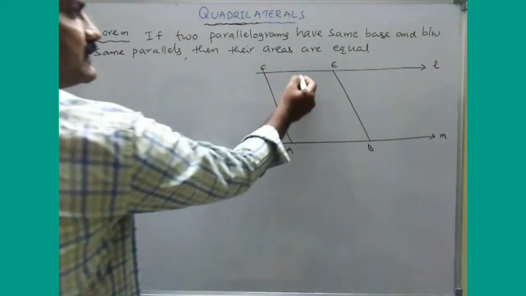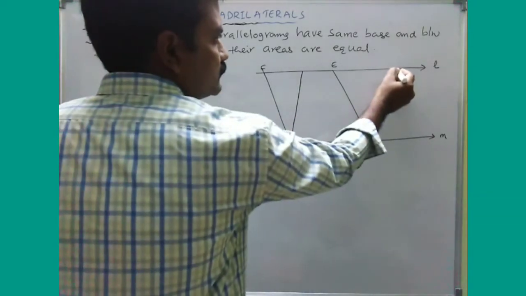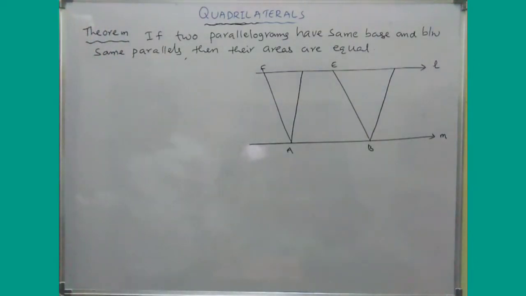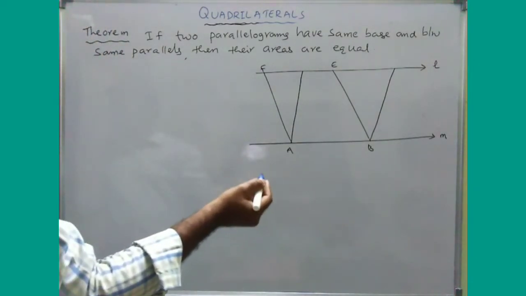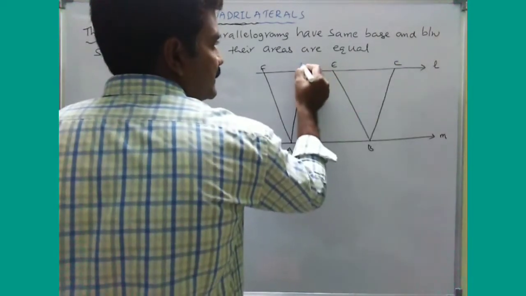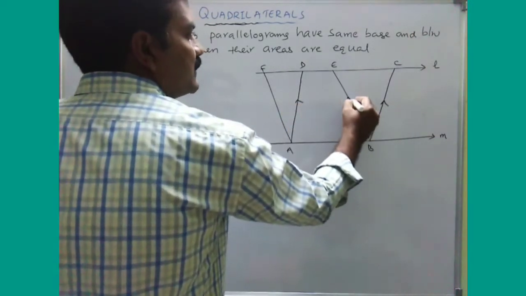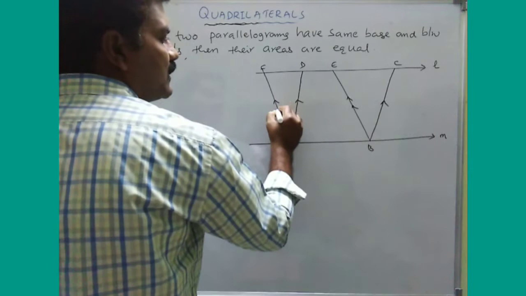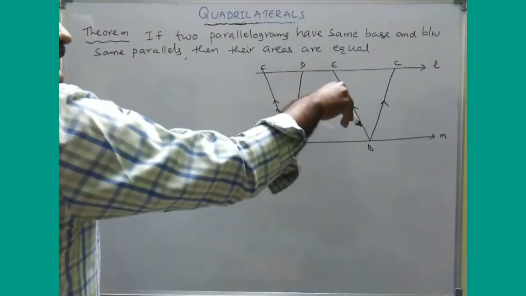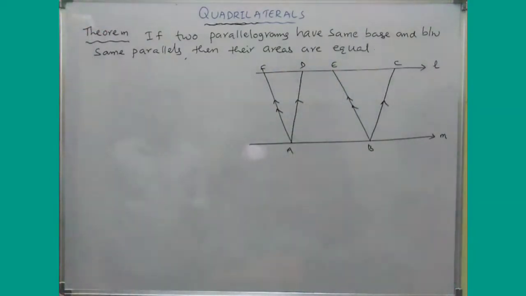Let us consider one more parallelogram, say ABCD. So AF is parallel to BE and AD is parallel to BC.